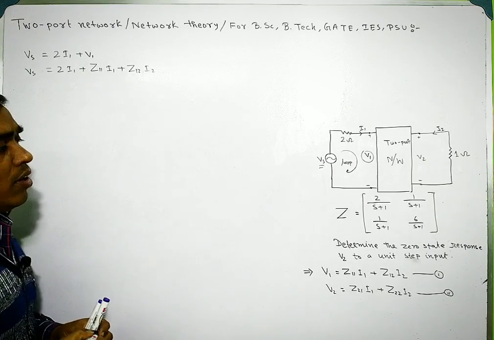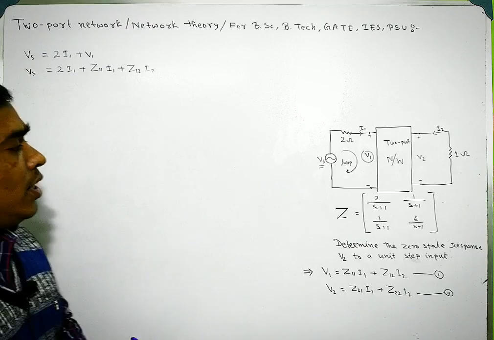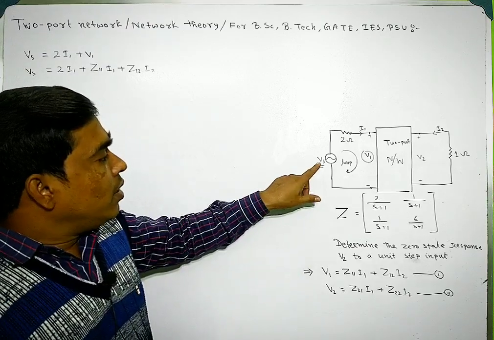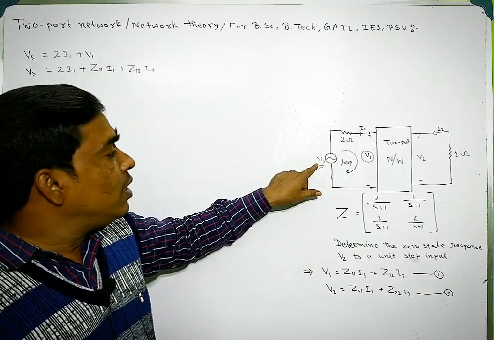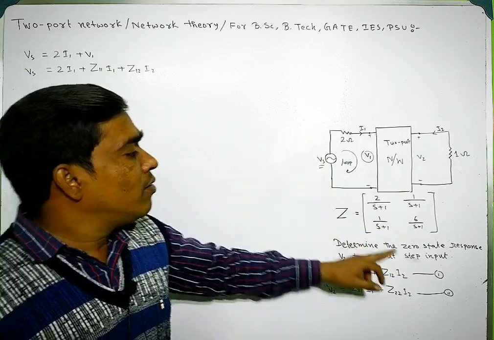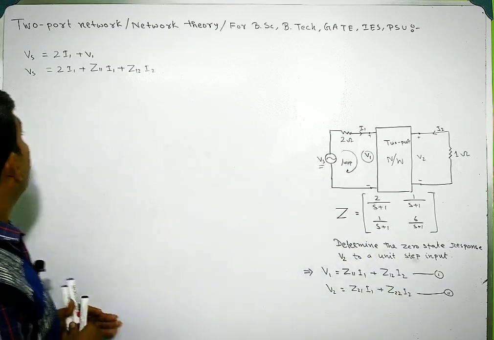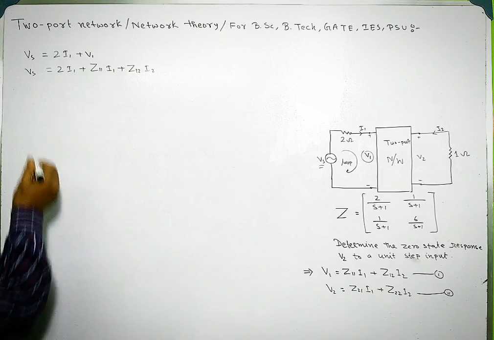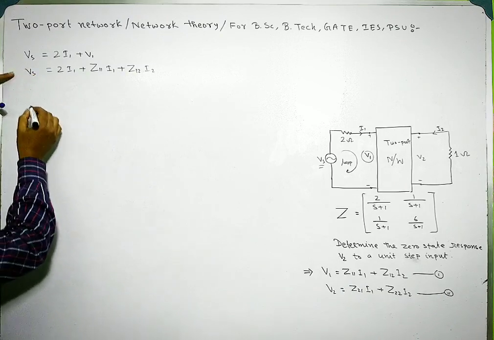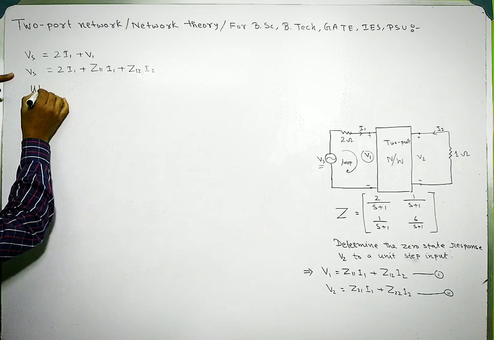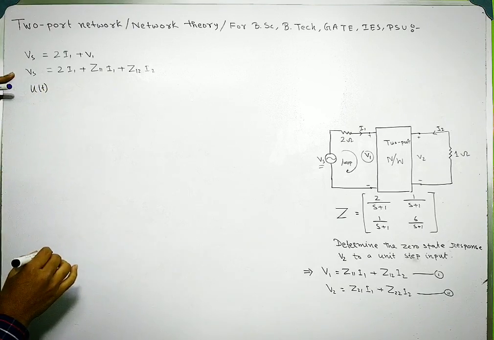Now I have given this Vs as a unit step input. So here Vs is given as u(t), a unit step input.